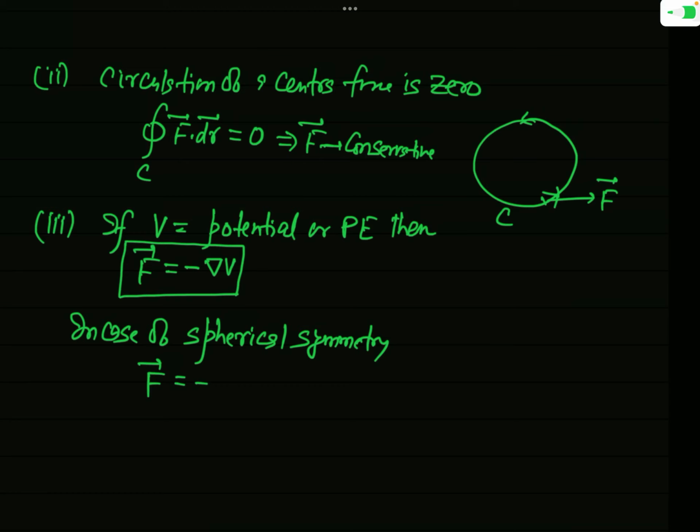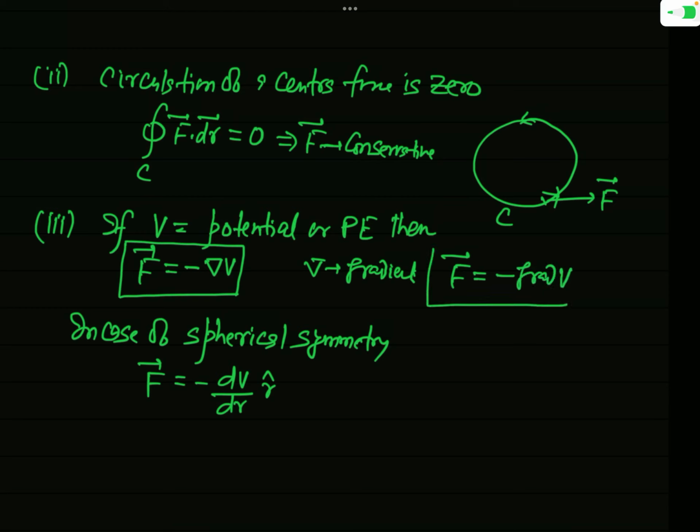This is equal to minus dV/dr times r hat. In fact, this del means gradient operator. This is for grad or gradient. So this result is also written as F equal to minus grad of V.